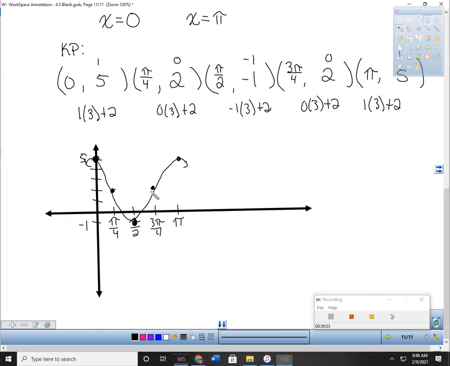And from that baseline to the top and the baseline to the bottom should be 3 because that's your amplitude. So if I'm at 2, 3, 4, 5, that's a distance of 3, right? 3, 4, 5, that's a distance of 3. So I have moved my whole thing up 2. And I think that's about it.